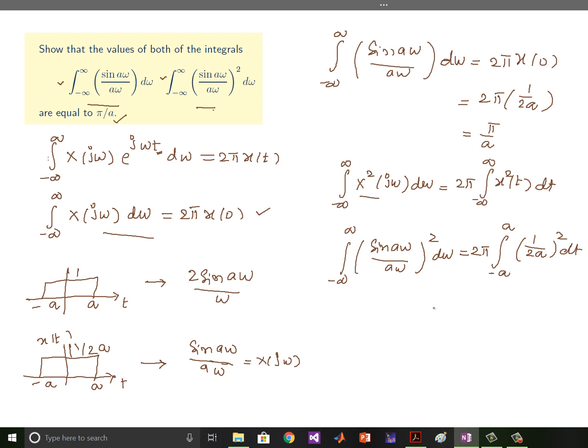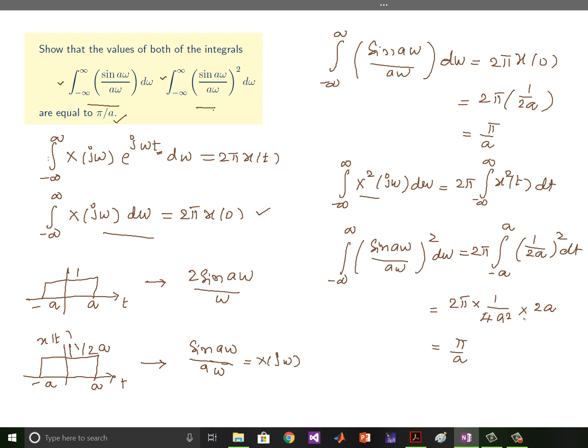So this simplifies to 2π times 1/(4a²) multiplied by 2a, and this simplifies to π/a.